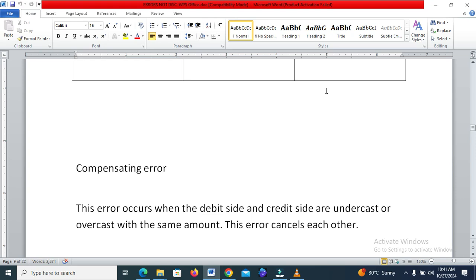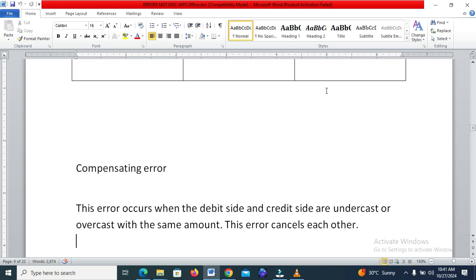A transaction now occurs. The amount of the transaction is 5,000. You have recorded it the way it should have been recorded, but you duplicate the transaction again by recording the same figure, 5,000, debiting Akinola with 5,000 again, and crediting cash account with another 5,000. That is a duplication error.